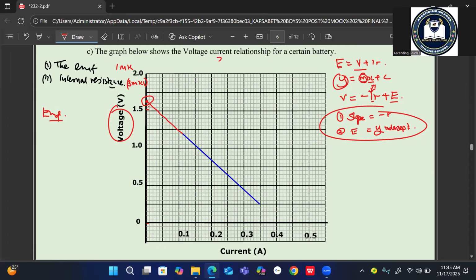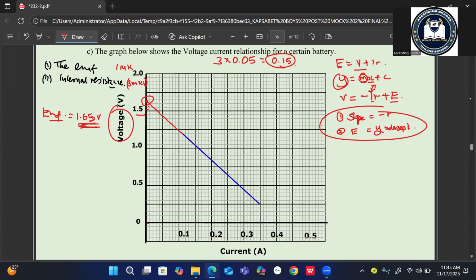So there will be 3 times 0.05, and this is going to give me 0.15. So 0.15, I'm going to add to 1.5, and it is going to give me 1.65 volts.